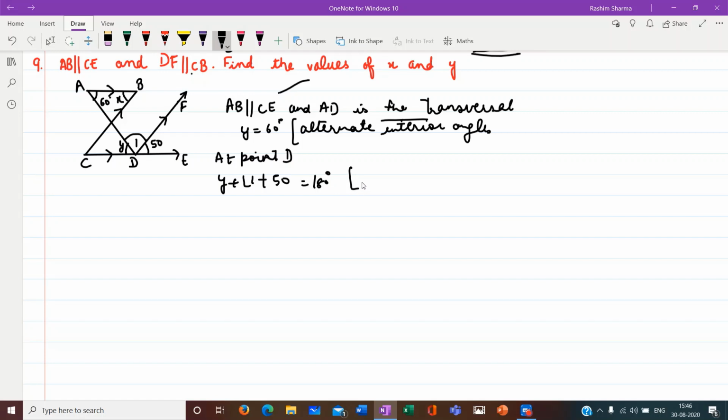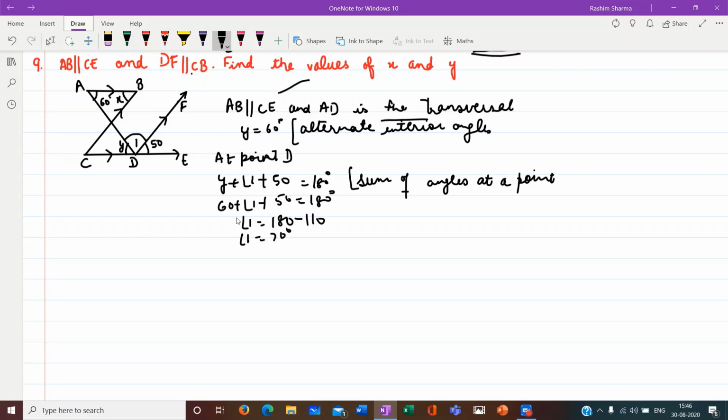Because of the sum of angles at a point. Alright, let us put the values here. 60 plus angle 1 plus 50 is equal to 180 degrees. So angle 1 comes as 180 minus 110. Angle 1 is equal to 70 degree.